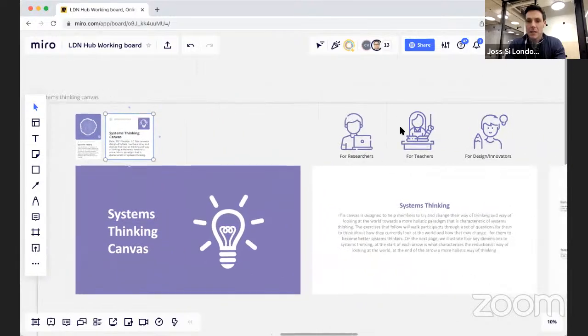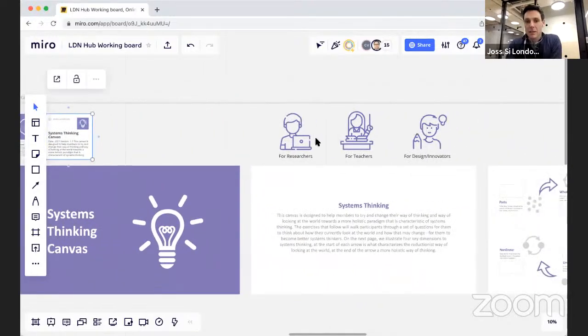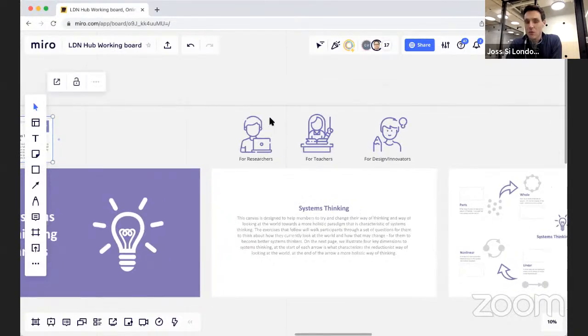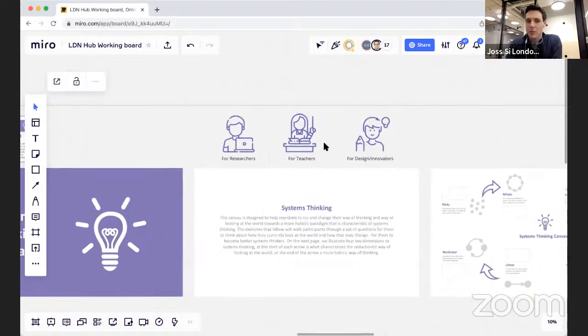I think today's session, or this canvas, is particularly useful for researchers, teachers, and designers and innovators, maybe for other people also, but these are the original use cases I thought of. For researchers, we have many researchers in our community researching many different topics, and they're obviously interested in how to think about that in a systems way.